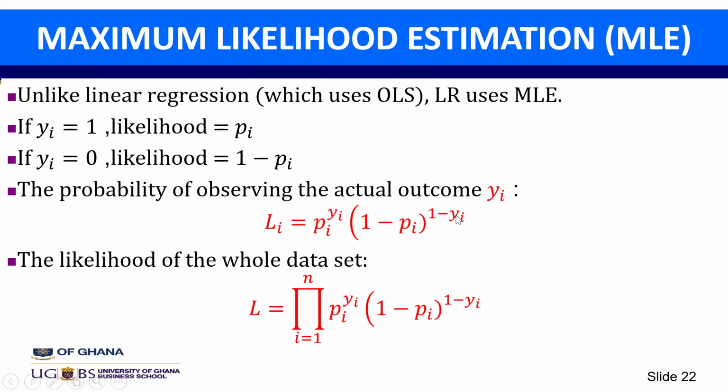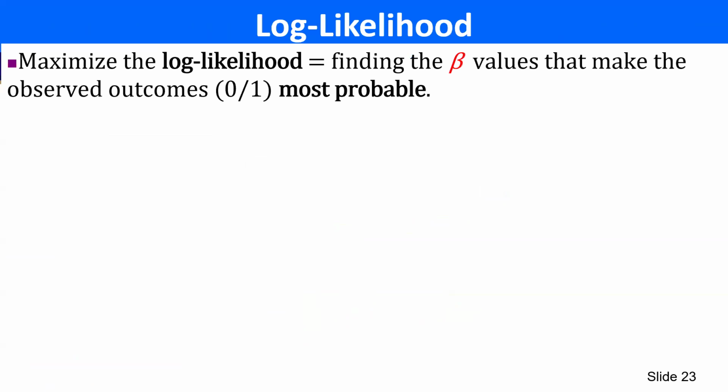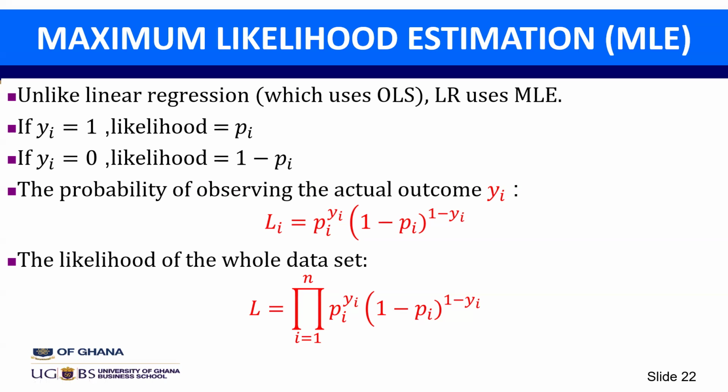That is for one outcome, one dependent variable. Then when you put all of them together for the entire data set, the likelihood of the whole data set is going to be a kind of product of all the Li from 1 to n.